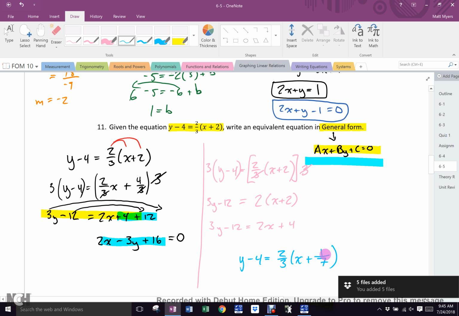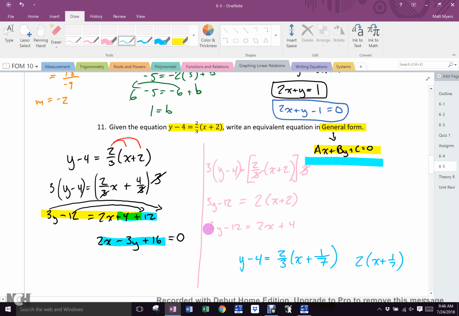But I can get rid of that 3 right now. And then I'm in slightly better shape from your perspective. Because I would imagine you guys would rather distribute 2 into x plus 1/7 than distribute a fraction and then try to deal with that later. But does it matter? If you like to distribute the fraction, you can do that first. Because you can see we end up at the same spot, don't we? Because see, this is the same thing.